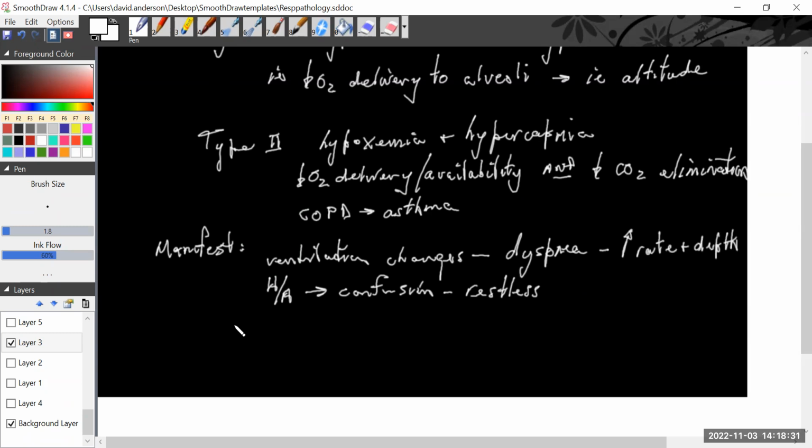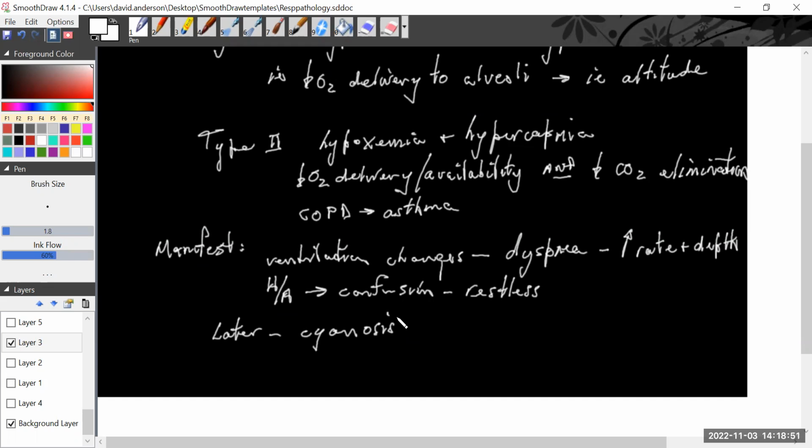And later, we may see some signs of poor oxygen carrying capacity in the hemoglobin. So it'll show up as a bluish tinge in the less pigmented areas of the body.